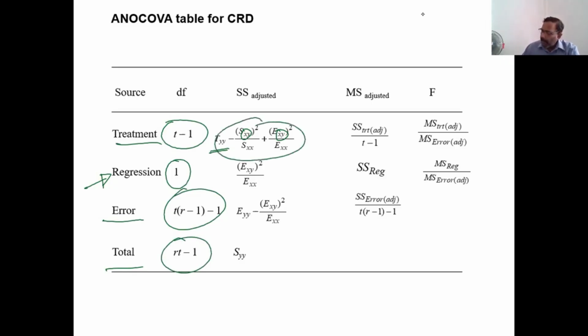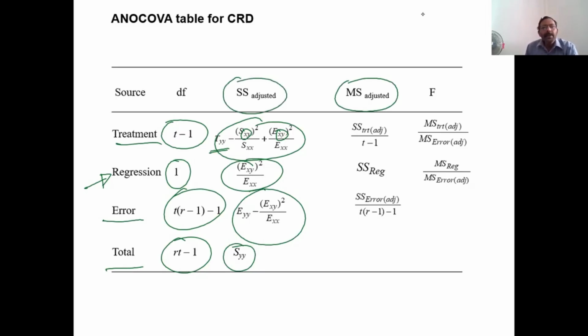Then we have sums of square for each of these, regression, and error sums of square we can calculate that, otherwise total minus the rest. That is also possible, right? Sums of square of Y. So mean squares, these are called as adjusted. Can you remember? If you don't have regression, it is called as sums of square.